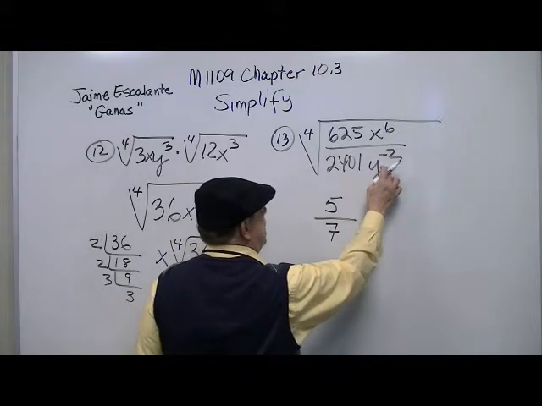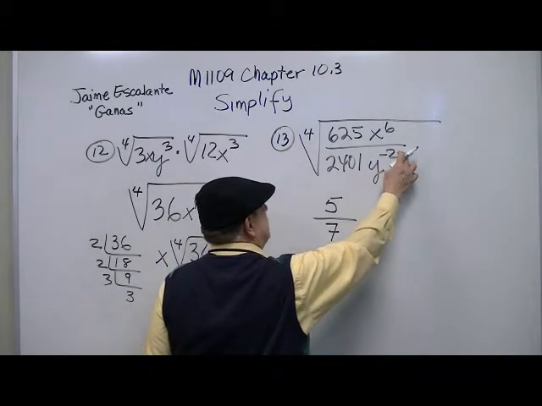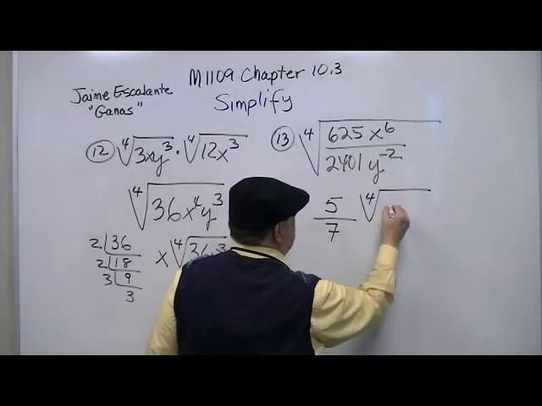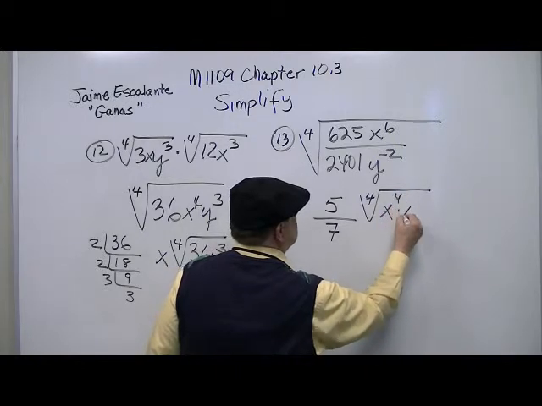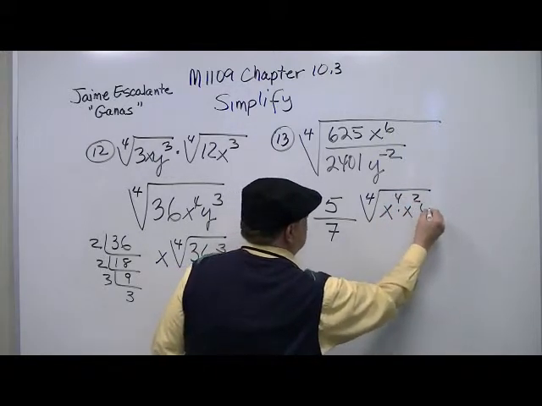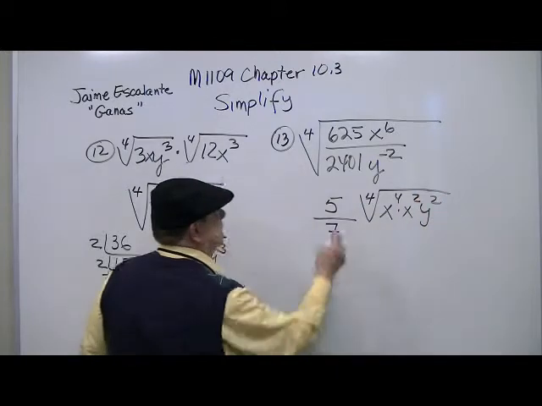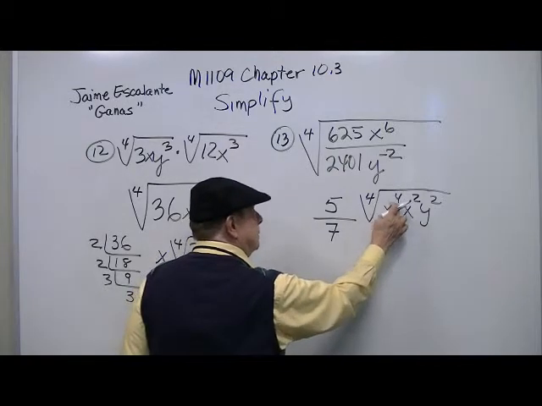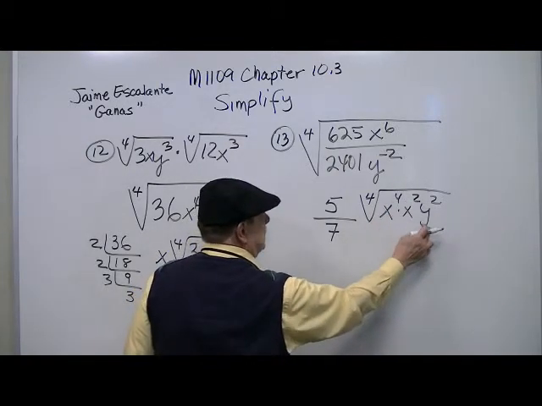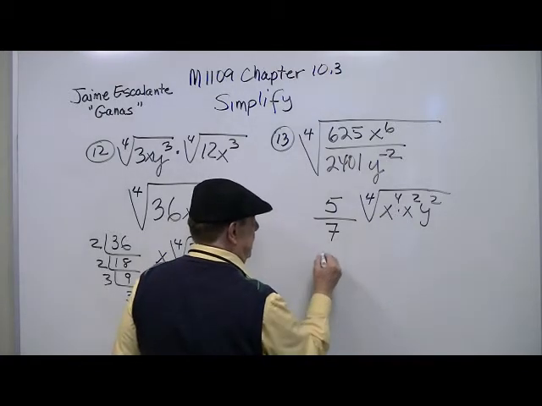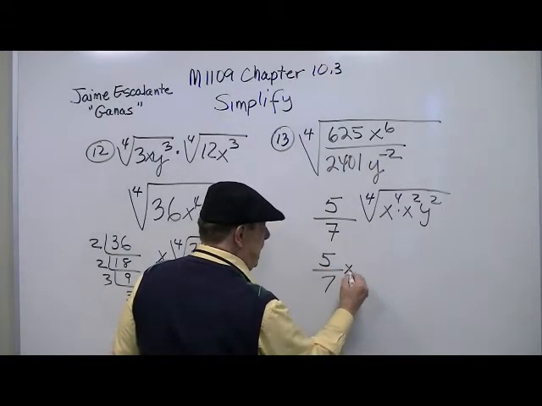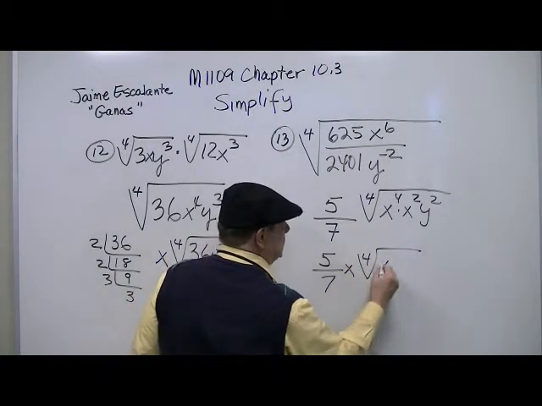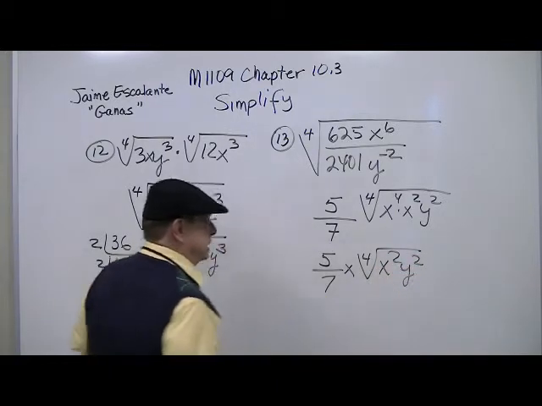Now, this y comes to the top, and what I have under there, I'll just put it there temporarily, x to the fourth times x to the second, y to the second. So my x to the sixth, I broke up into x to the fourth times x to the second. So I could take out then 5/7 x, one of these x's, and then what's left under the radical sign is x squared, y squared.